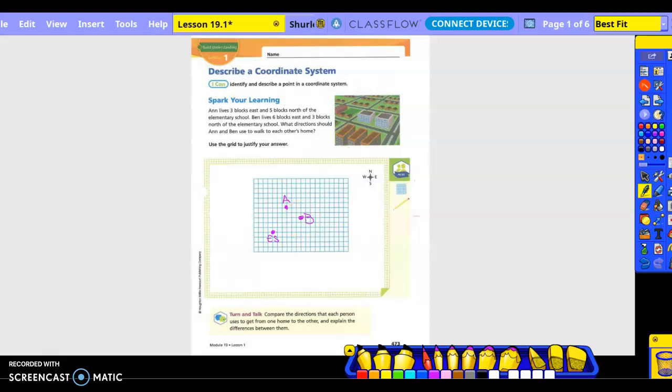Then they want to know what direction should Anna and Ben use to walk to each other's home. So for Anna, to get to Ben's house, she would go east first. So 1, 2, 3, 3 blocks east, and 2 blocks south.